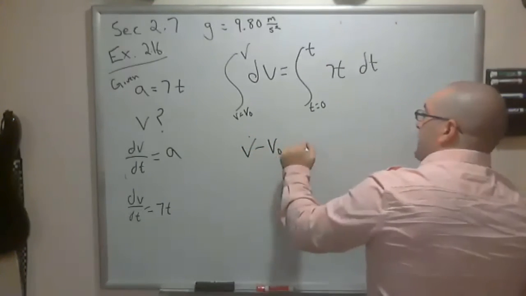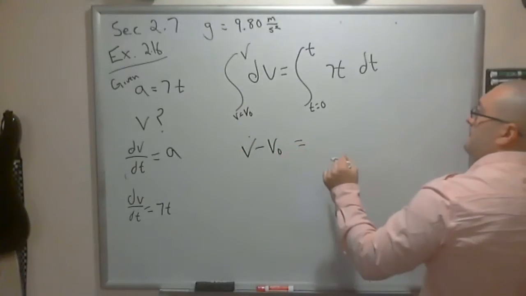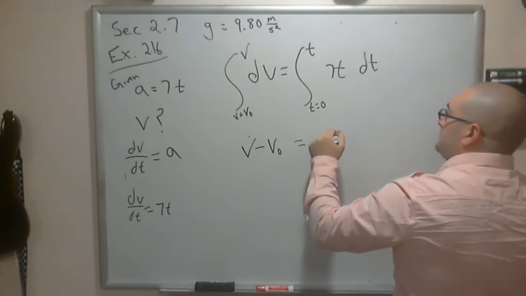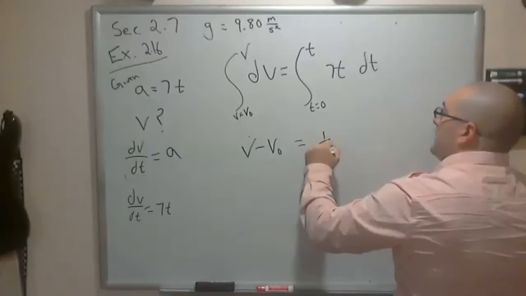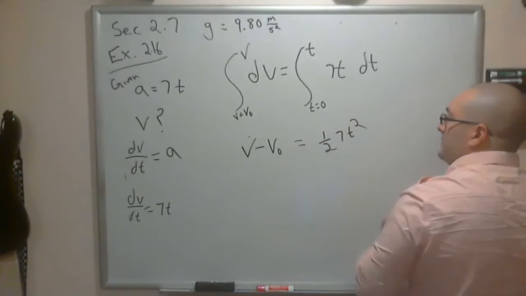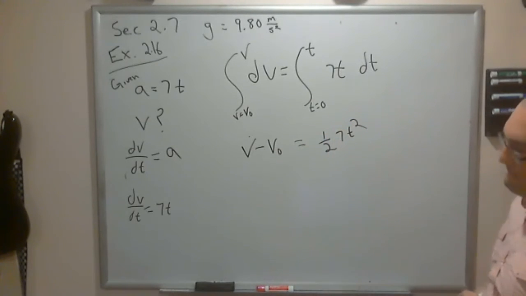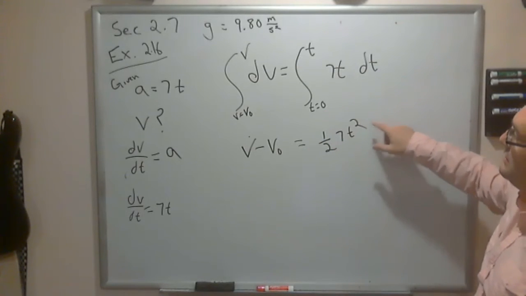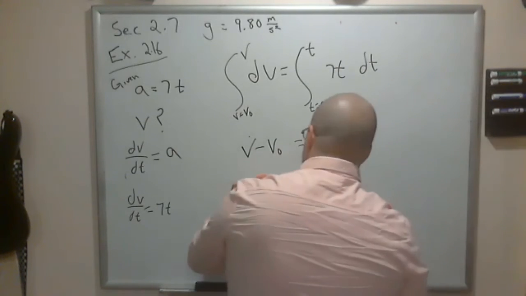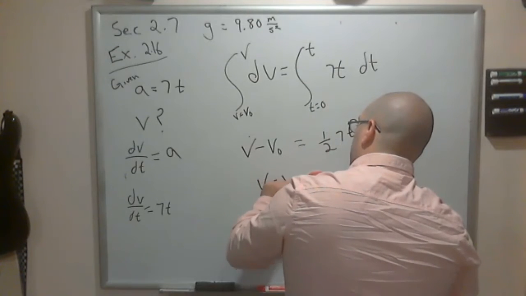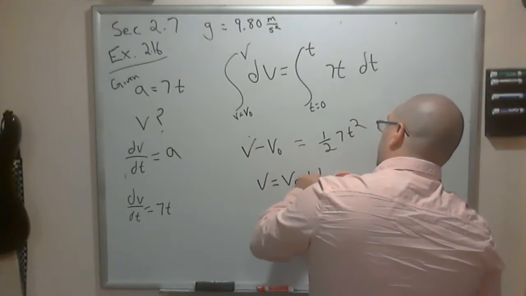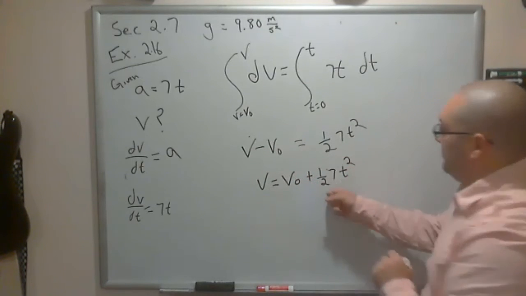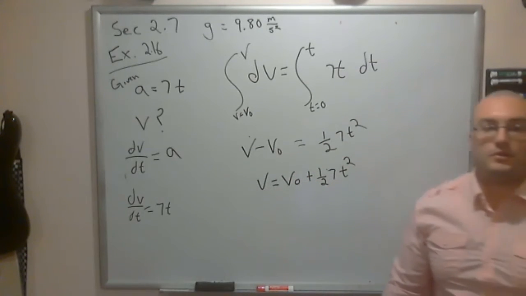We get v minus v naught, and then we'll have just 1/2 7t squared. Since the beginning point is 0, we're just left with this. And then we find that v naught is equal to this. I didn't simplify it just so that you can keep the expression.